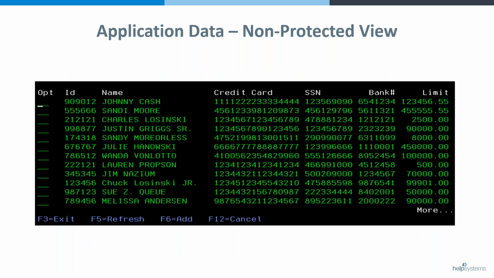If we look at data within a DB2 file, we're going to see that data in its raw form. Don't care what tool you use. This is just pulling up an RPG application that is looking at data that comprises some sensitive data as it exists in the US. Credit card, you understand. Social security number is a special individual identifier here in the US. Bank number, credit limit, those are all things that I think everybody can relate to regardless of your location.